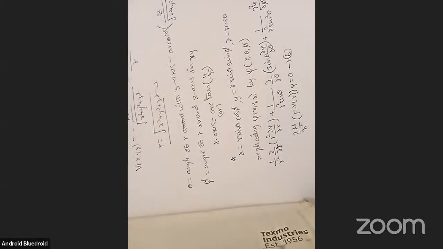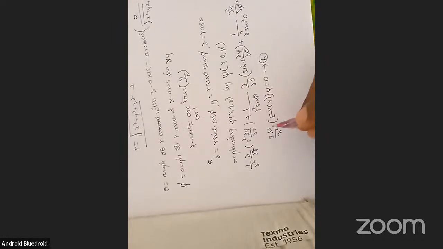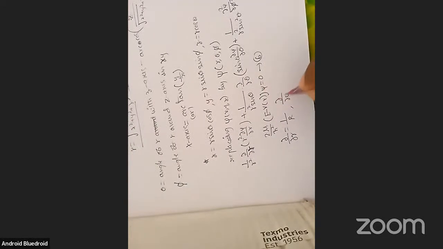So this is the equation. All of you observe this equation. Here 1 by dou r is equal to dou by dou r, dou by dou r equal to 1 by capital R. Next dou by dou theta equal to 1 by capital theta.